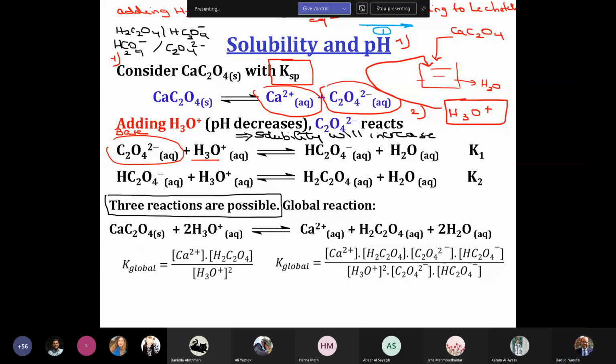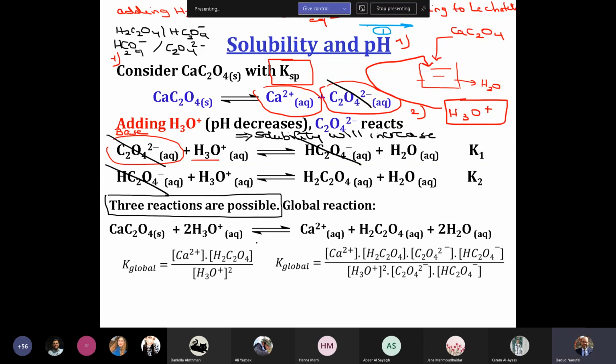CaC2O4 plus 2H3O+, C2O4 2- cancelled, gives Ca2+, HC2O4- cancelled. So we obtain Ca2+ plus H2C2O4 plus 2H2O.